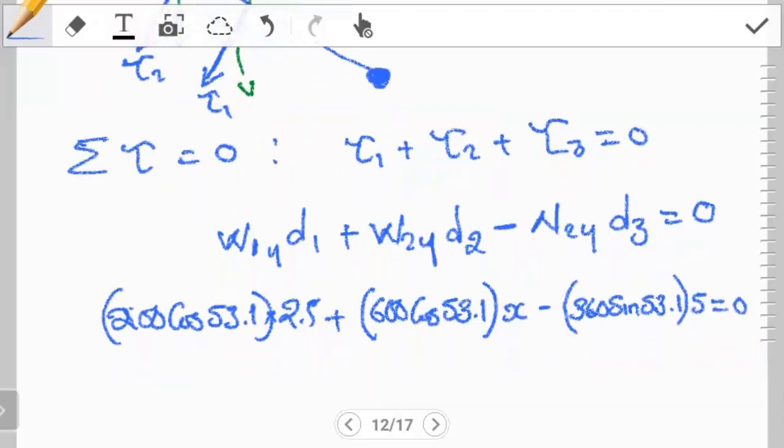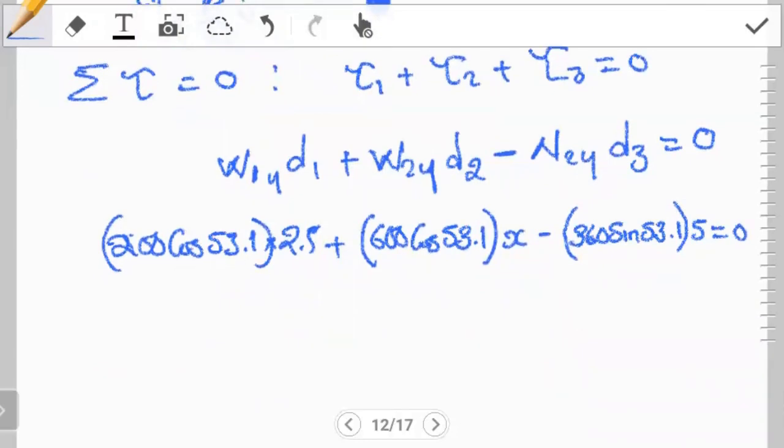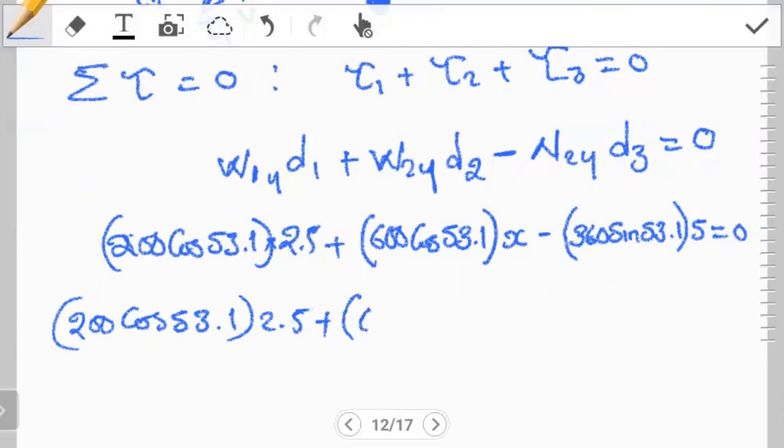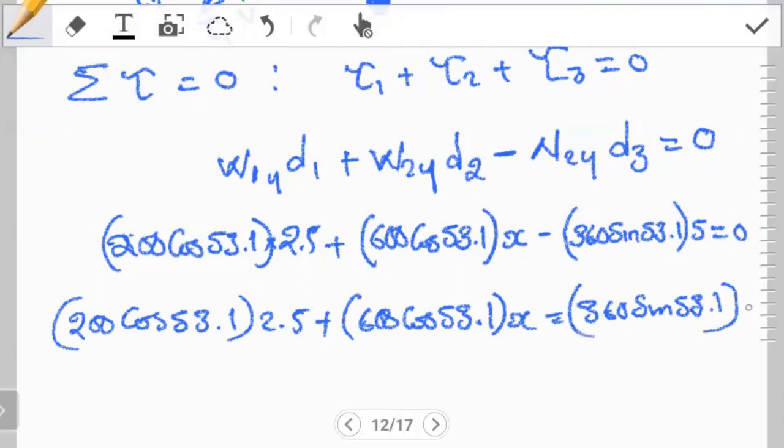Okay, from here we can simplify these. I can easily get what they are, simplify them and work them out. So this can go to the other side. We have 200 cos 53.1 times 2.5 plus 600 cos 53.1 x is equal to 360 sine 53.1 multiplying 5.